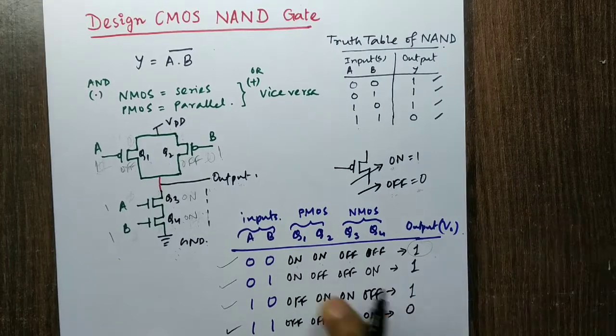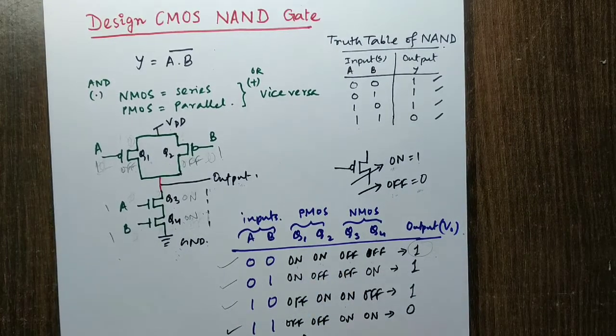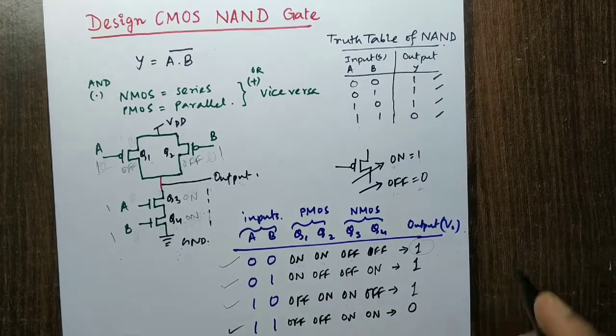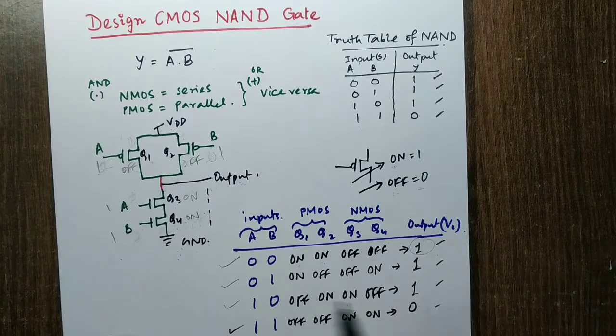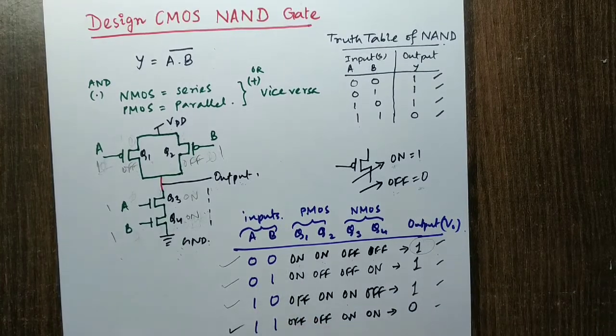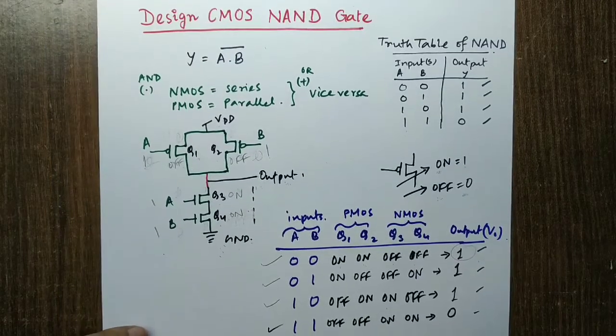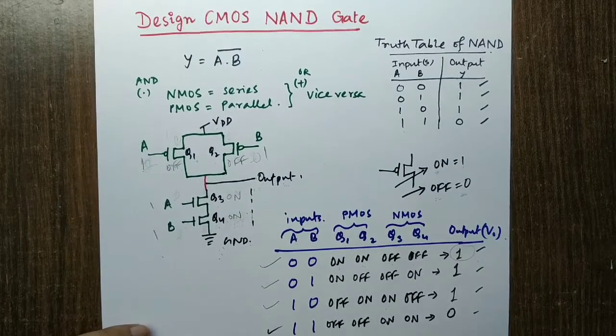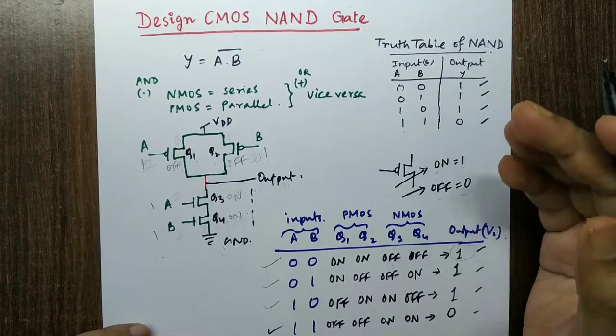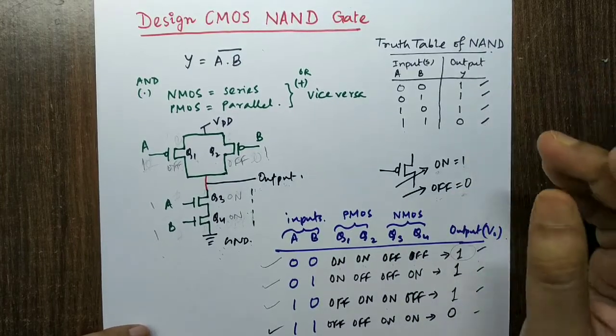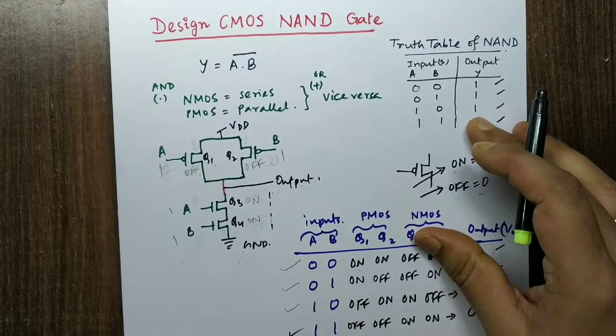See, using CMOS also we have seen that all combinations, that is 1 1 1 0 for 00, 01, 10, 11 combinations, are satisfied. So by this video we have understood how easily we can make a circuit level configuration of a 2 input CMOS NAND gate.